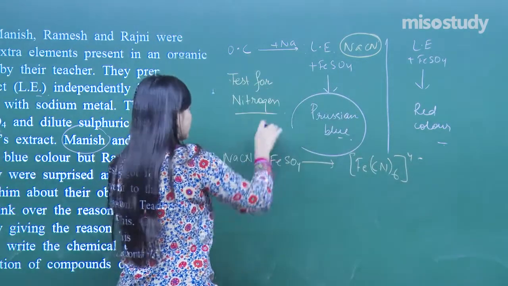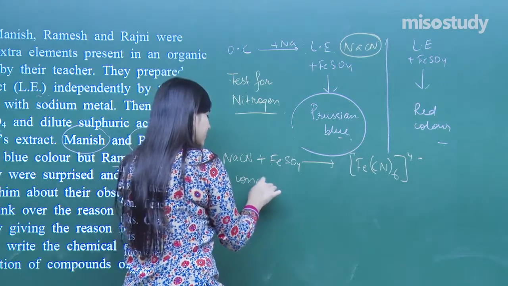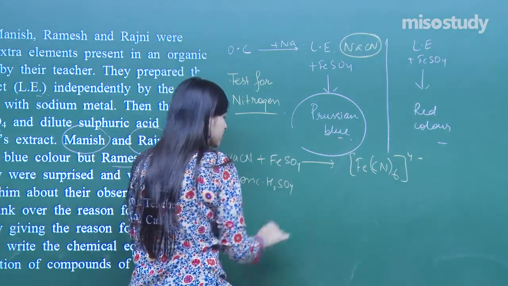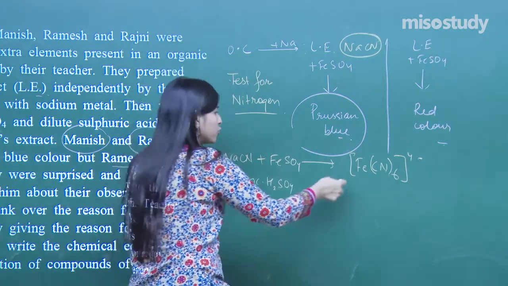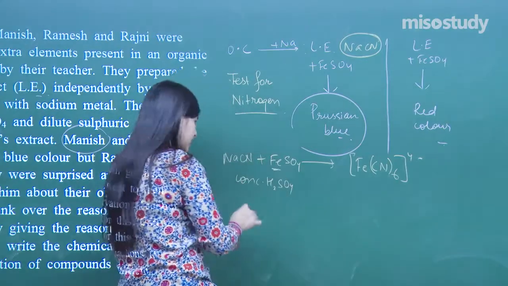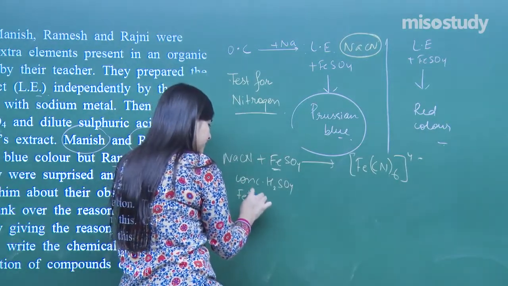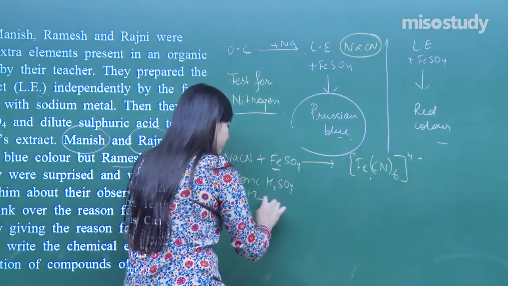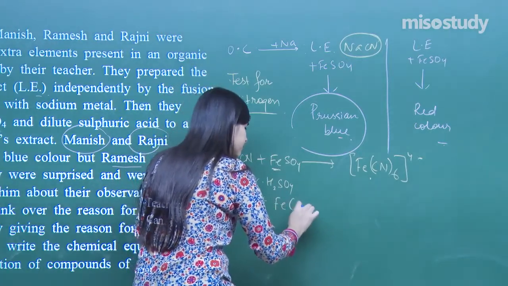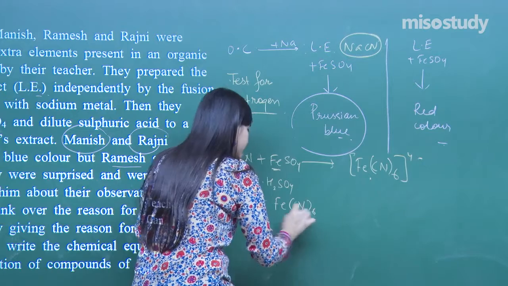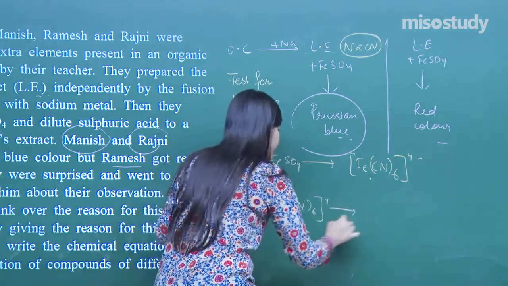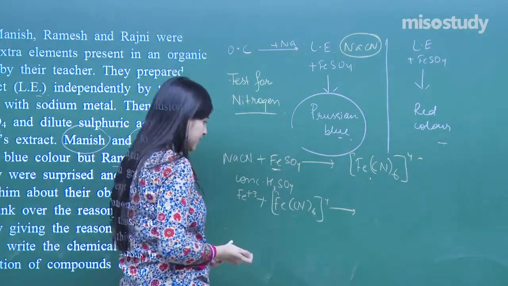Now due to the addition of concentrated H2SO4 in this reaction, some of the Fe2+ ions get converted into Fe3+, which again react with this compound formed. And what do we get in this scenario?